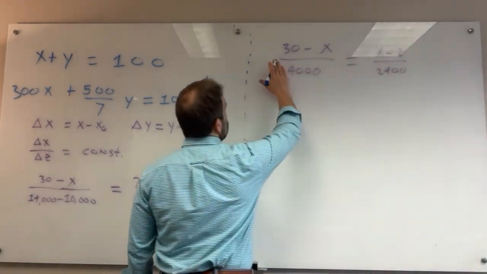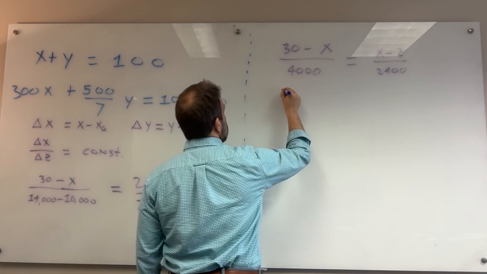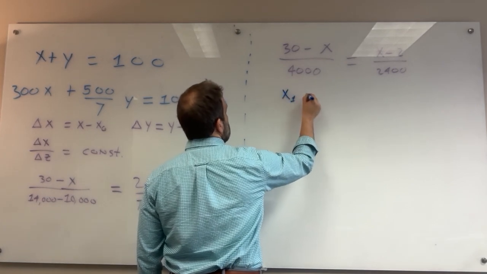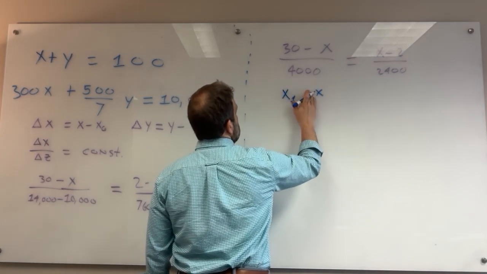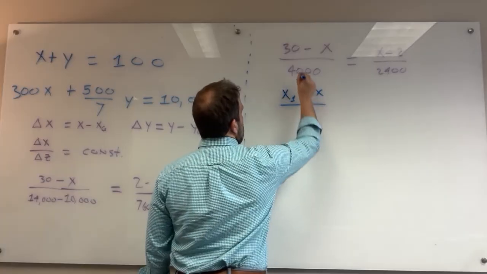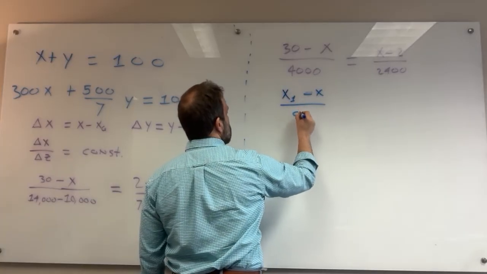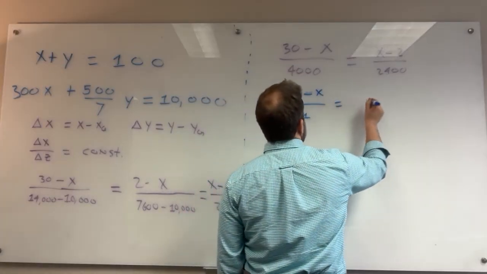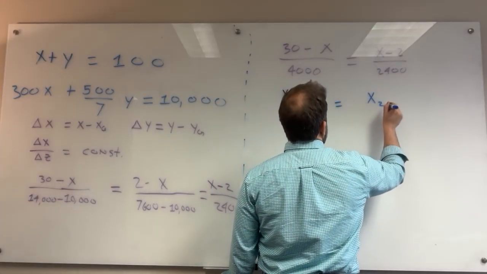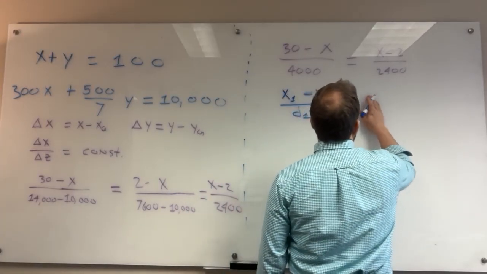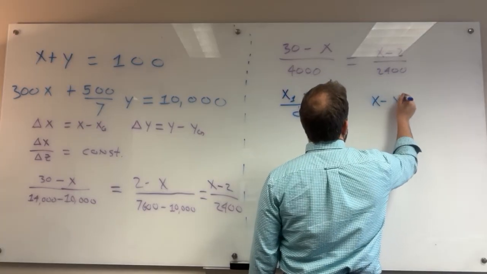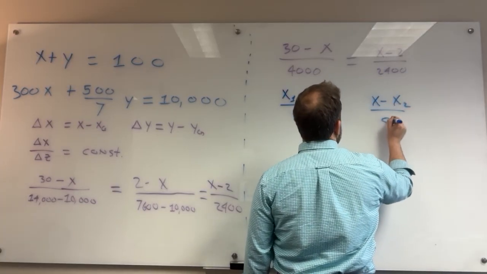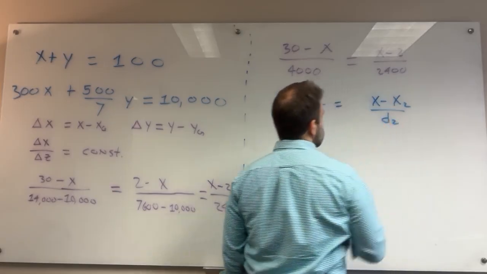Anyways, what we're going to do now is I want to get sort of a general formula for this. 30 minus x, I'm just going to call this the guess x1. x1 minus x, and I'm going to call this difference here d1. And then over here, I'm going to say x minus x2 over d2.